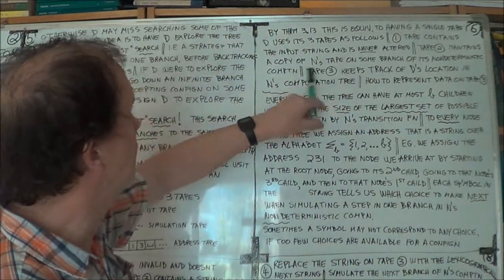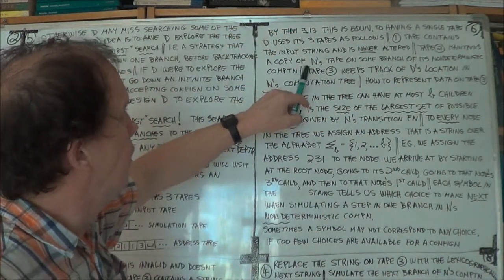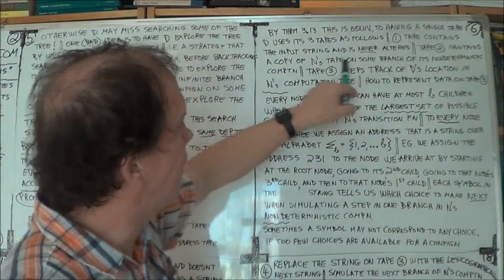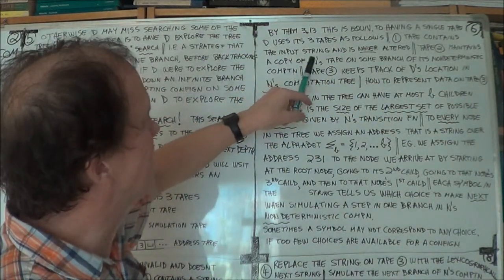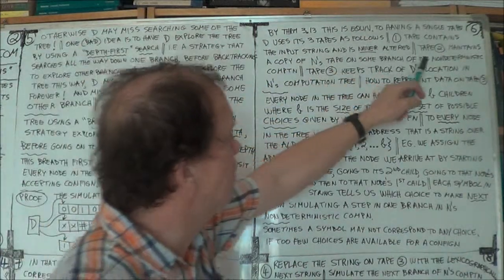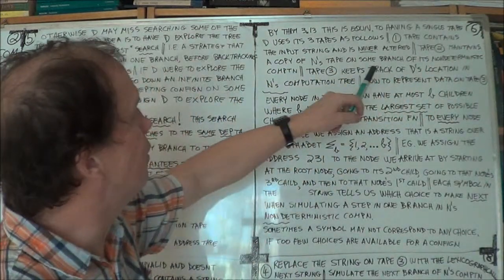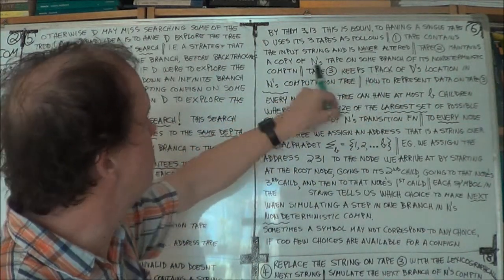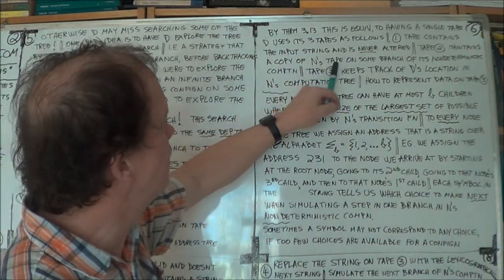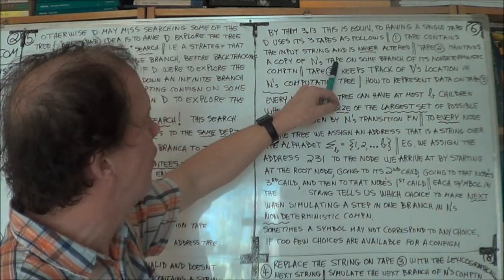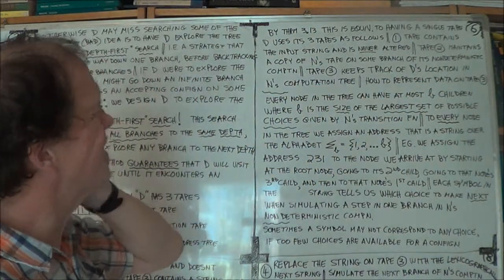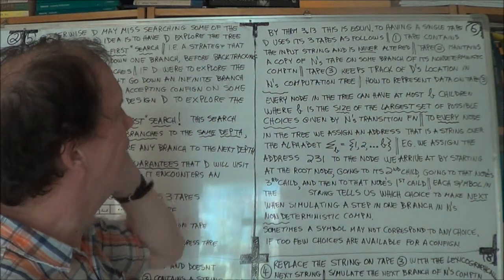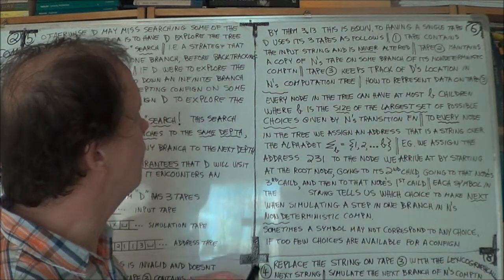Now I found this a bit vague. That's Sipser. This is word for word from Sipser's text. So tape 2 contains a copy of N's tape on some branch of its non-deterministic computation. Now, is that the same thing? N's tape.